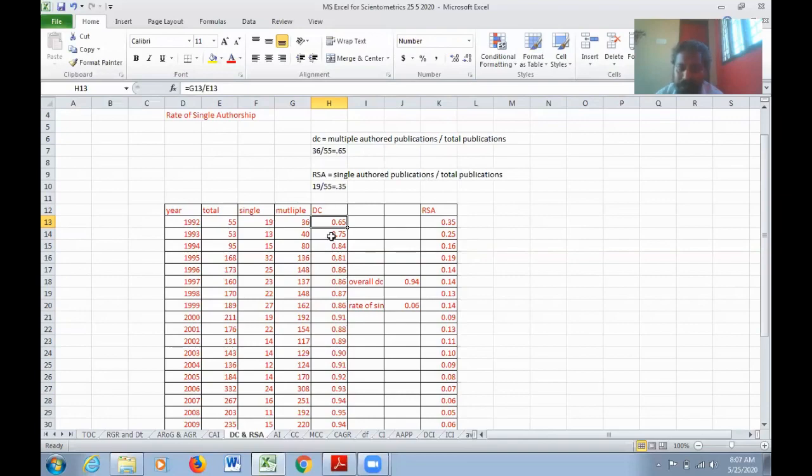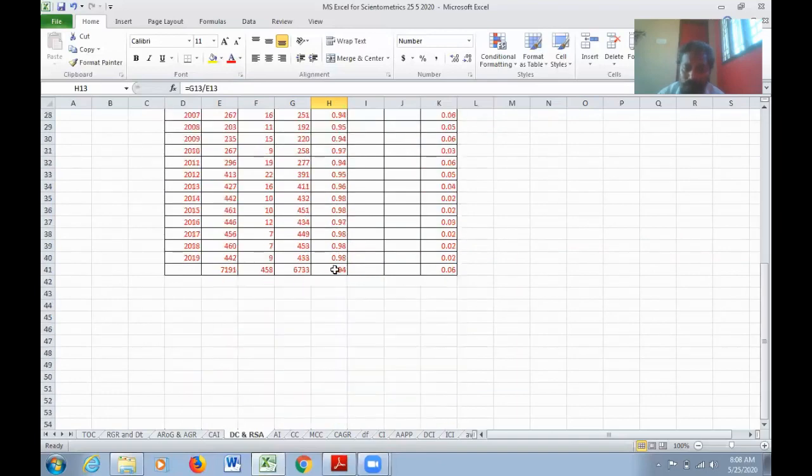So degree of collaboration is 0.65. It means that 65% of total publications of 1992 were born out of collaborative research work. So out of 100, 65% is from collaborative research work. Fine. So this we can calculate for all the years individually.